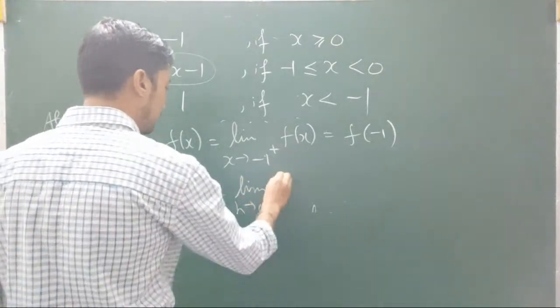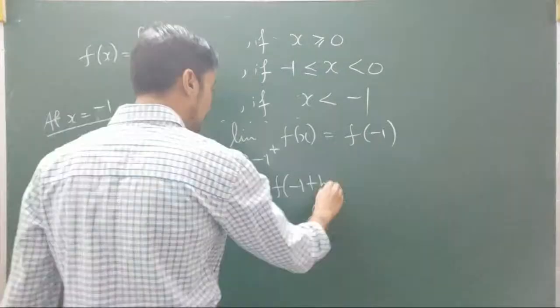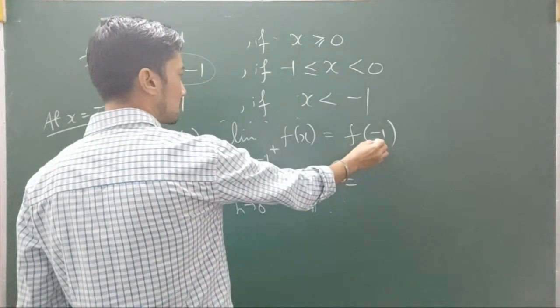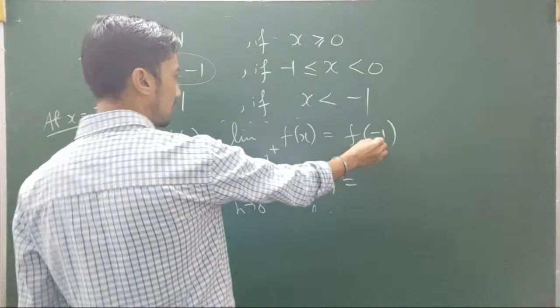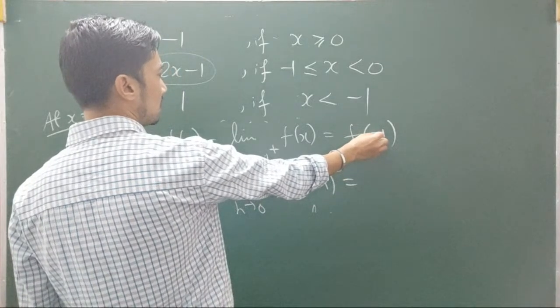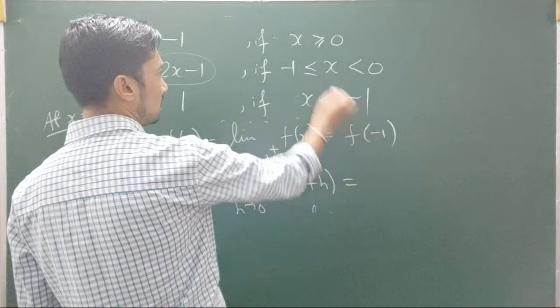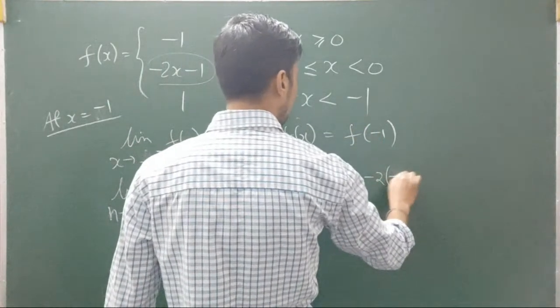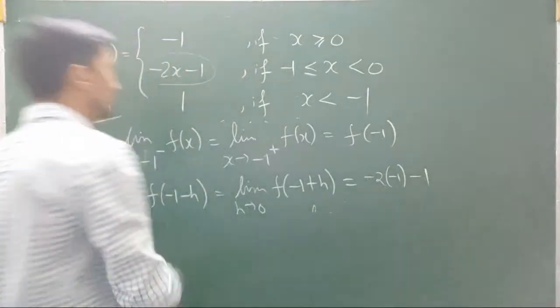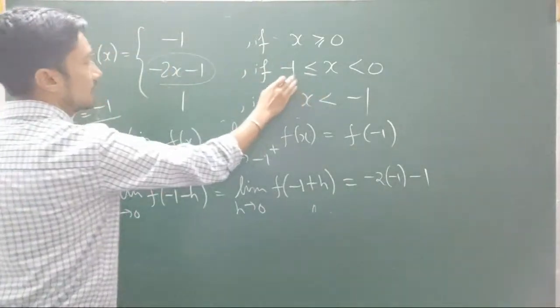Limit h tends to 0, f of minus 1 plus h is equal to, what is the value of our function at x equal to minus 1? Minus 1 equal to, it's minus 2 into minus 1 minus 1. Because x equal to minus 1, we'll have to use this function.